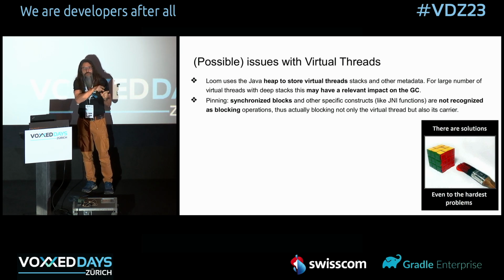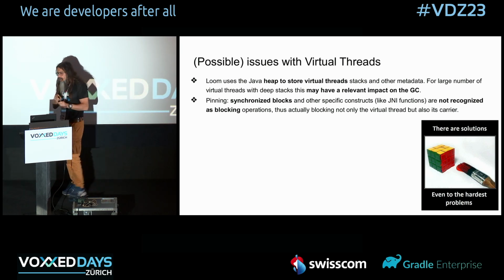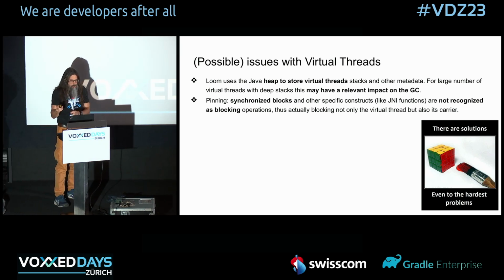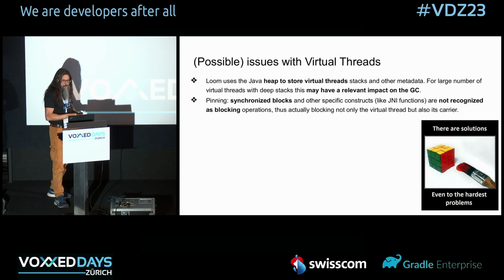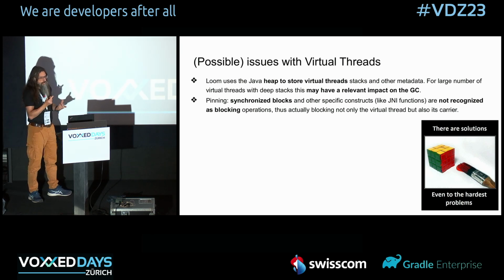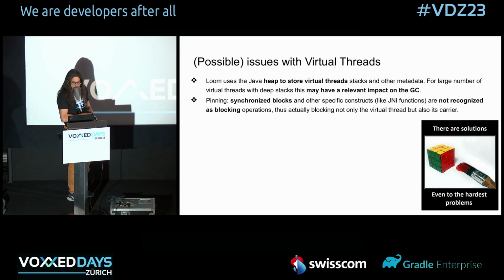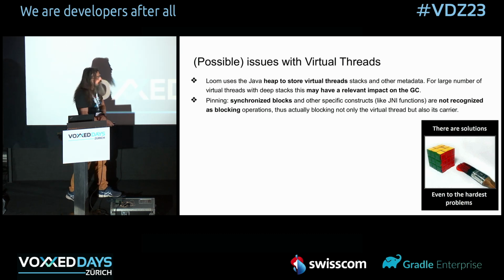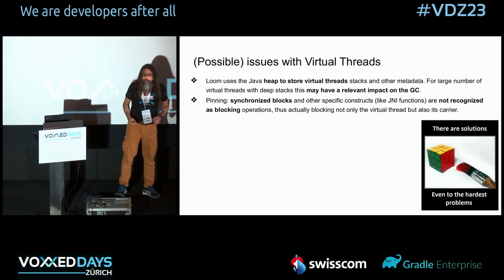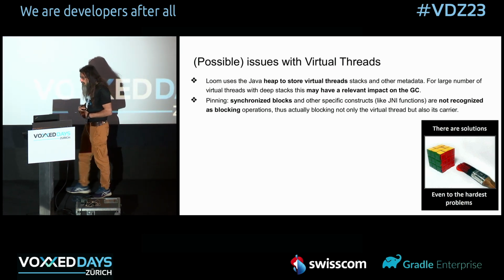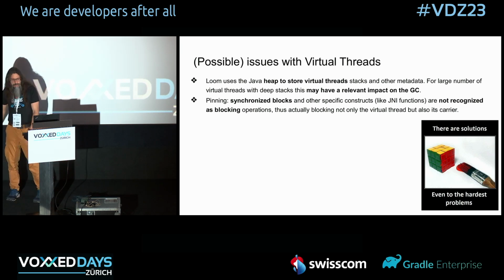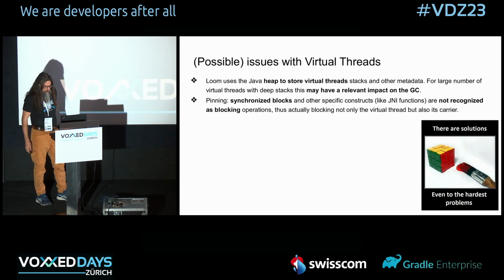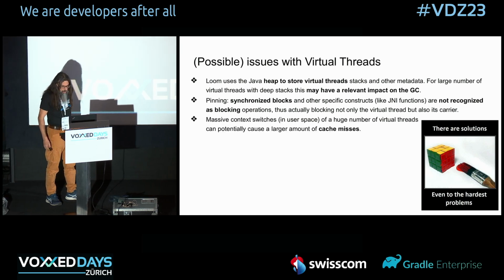Meaning that in that situation, again, it is blocking not only the virtual thread, but it's also blocking its carrier, and that carrier is not available for other virtual threads. So the main use case again is with the synchronized block. There are other situations like the native call function, where again the virtual thread is pinned to its carrier, and I explained what this means.